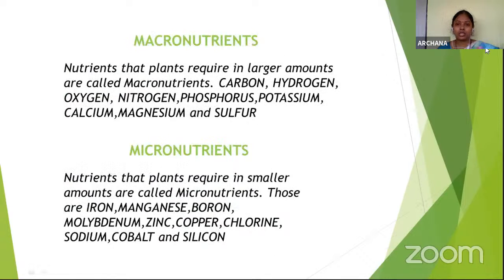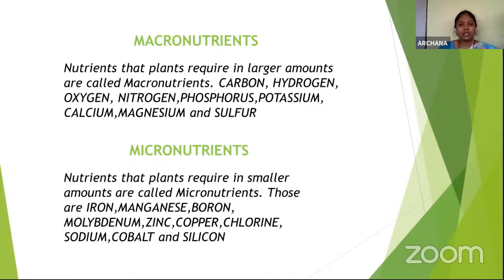Now, coming to nutrients. We all know that along with water, plants also require some nutrients for their growth, and these nutrients are obtained from the soil. So biologists divided the nutrients that are required for plant growth into two groups. Those two groups are macronutrients and micronutrients.